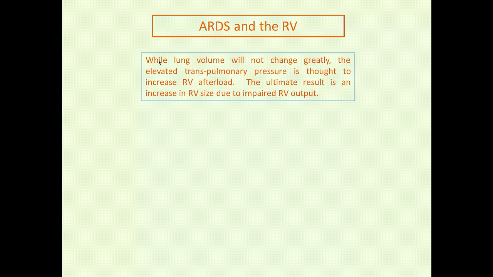So RV afterload is a summation of the radius of curvature of the RV and the transmural pressure of the RV free wall. And the transmural pressure is determined largely by the impedance of the pulmonary arterial tree, which in turn is largely determined by pulmonary vascular resistance.